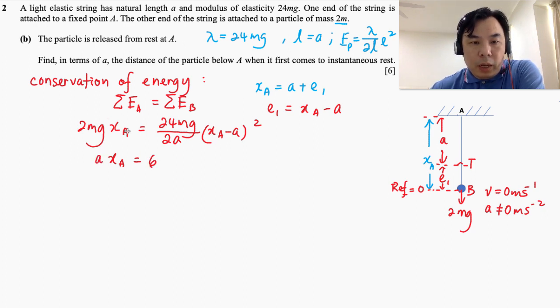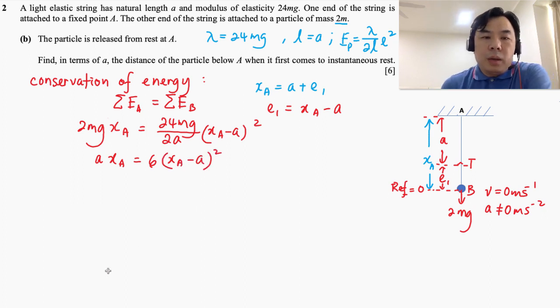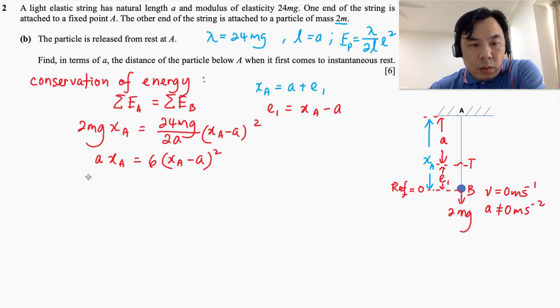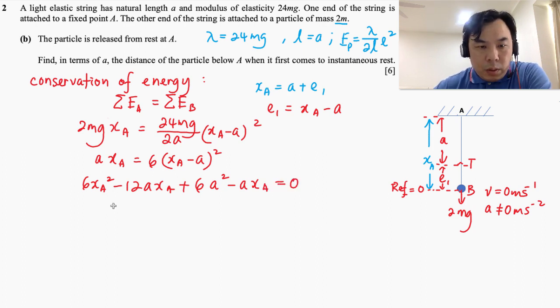I'm going to put my A over to the other side. You would actually end up here, and then of course with a bit of algebra manipulation. All right, so it will look something like this.